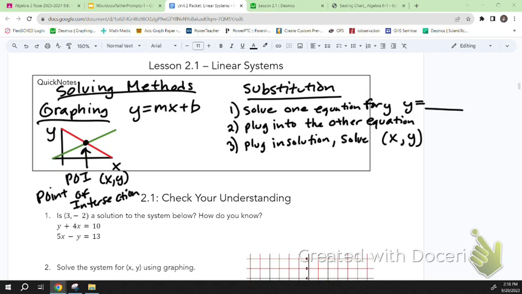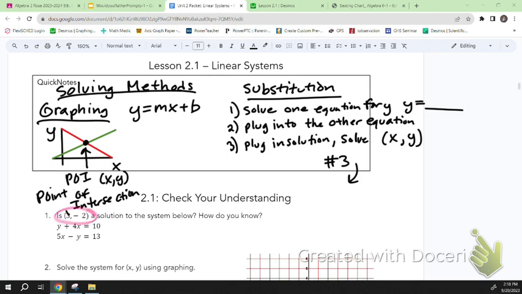We'll do an example of this in number 3 in the check. These are just the steps that I outlined. Substitution. We're going to do a form of substitution.